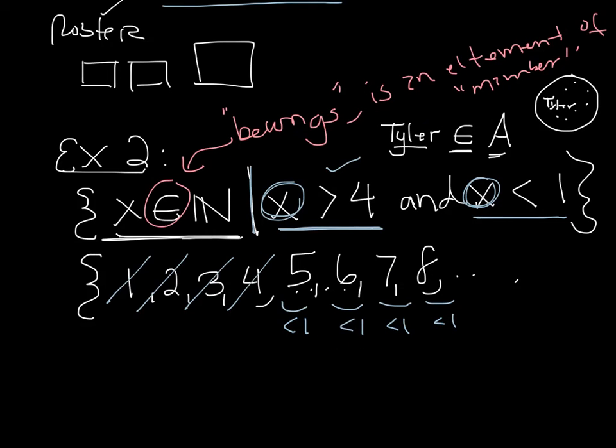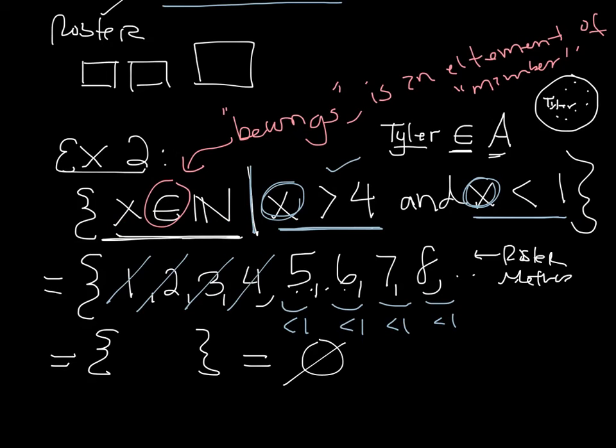So there are no natural numbers such that x is greater than 4 and x is less than 1. We were trying to do the roster method here, but we couldn't. This set is literally empty, or we say the empty set. So I'll stop here and do the video that comes right after, which will talk about cardinality.